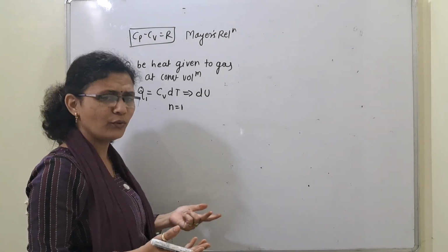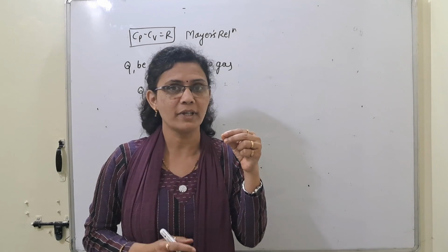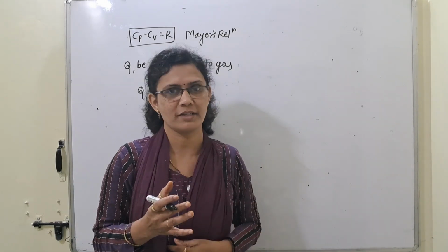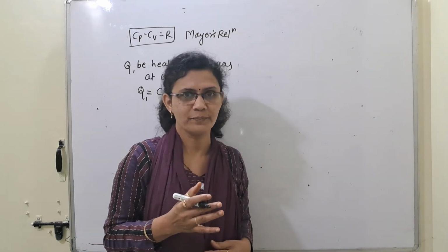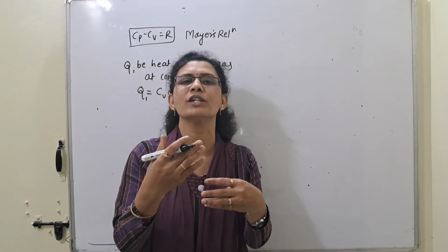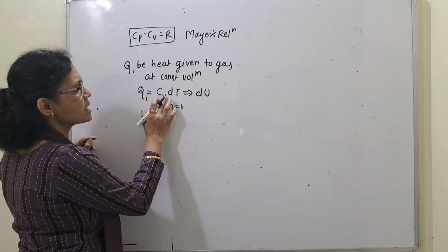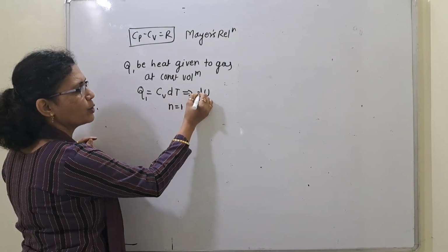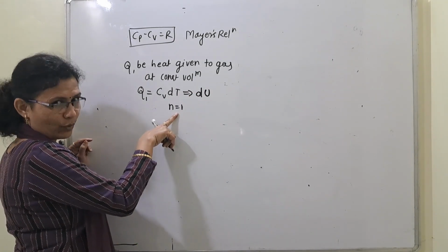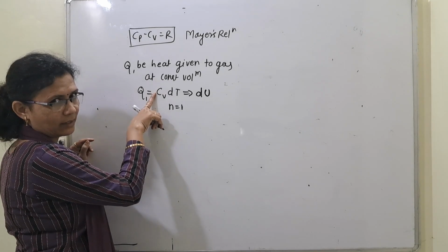There is no work done because this process is happening at constant volume, and as volume is constant, there will be no work done. Only an increase in temperature means only a change in internal energy. So Q1, which is nothing but Cv dT, can be equated to the change in internal energy, for 1 mole of gas that we are going to consider. Therefore, there is no n here.